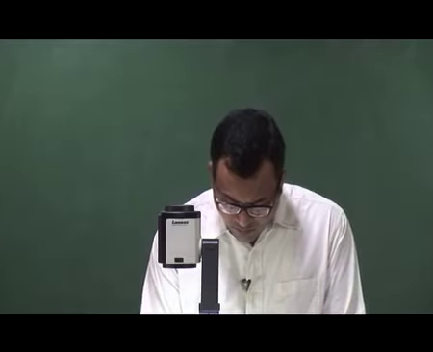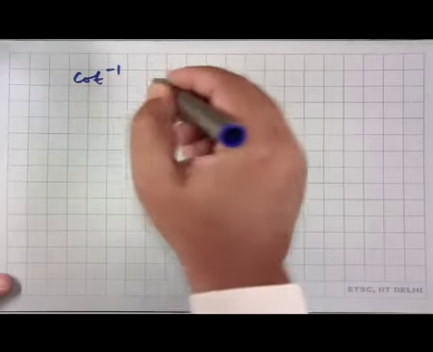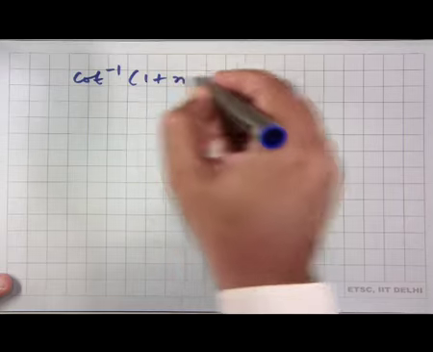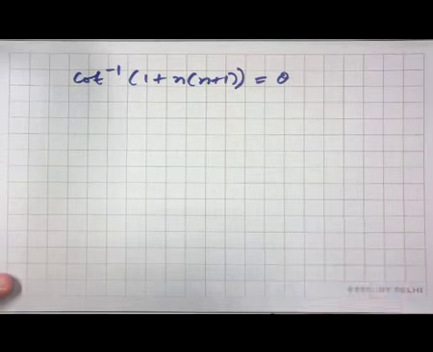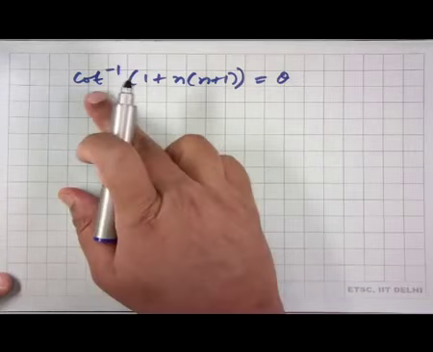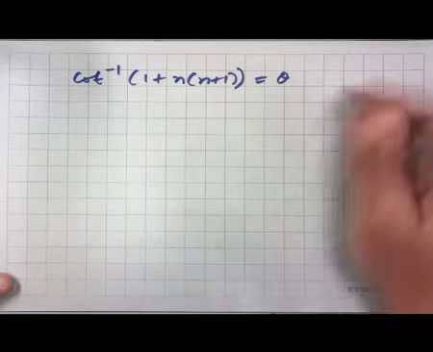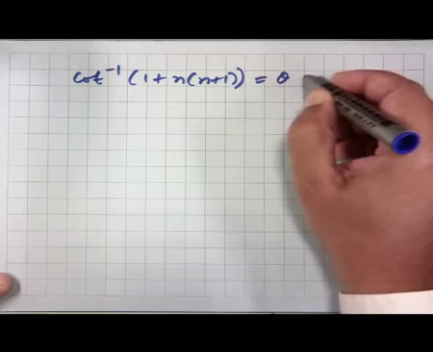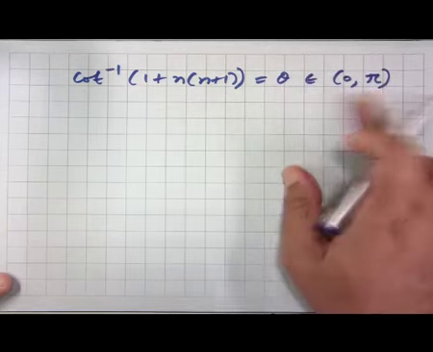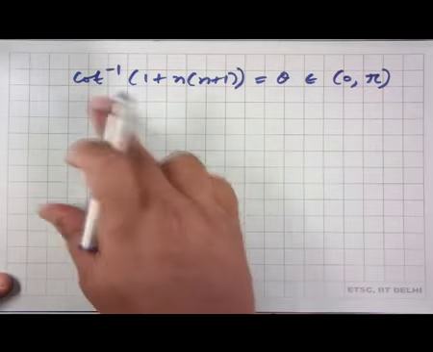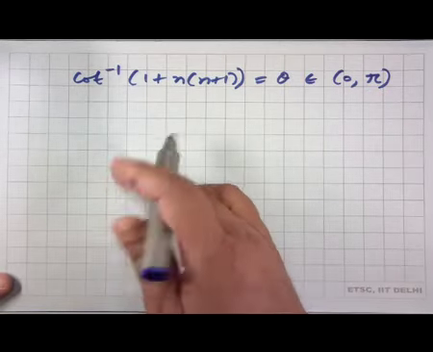And suppose that we define cot inverse of 1 plus n times n plus 1 equals theta. Then of course we know from the range of the cot inverse function that theta will belong to the open interval 0 to pi, which is the range set of the cot inverse function.